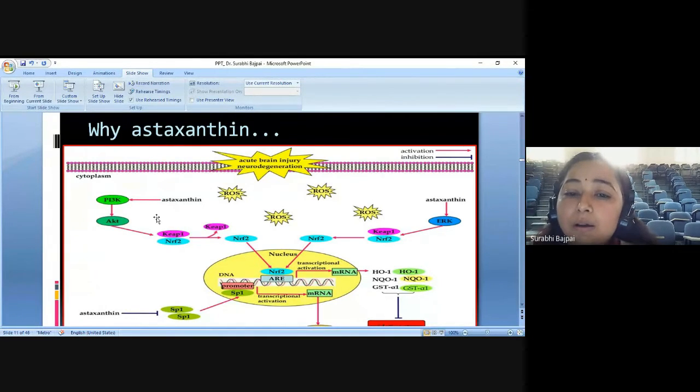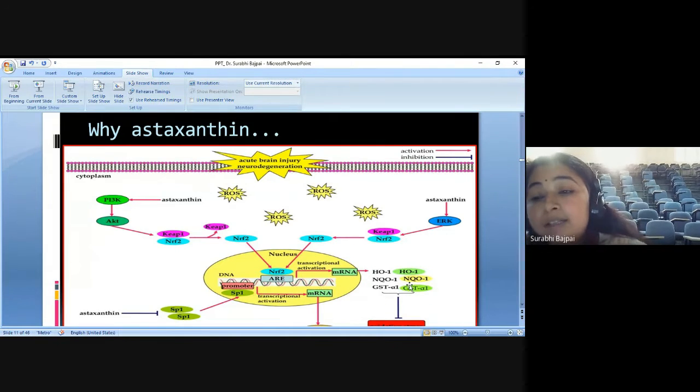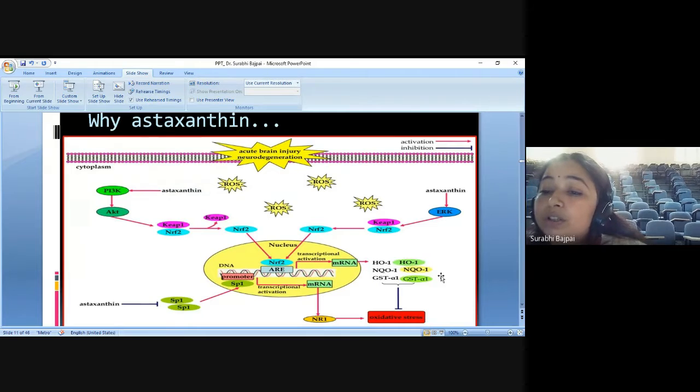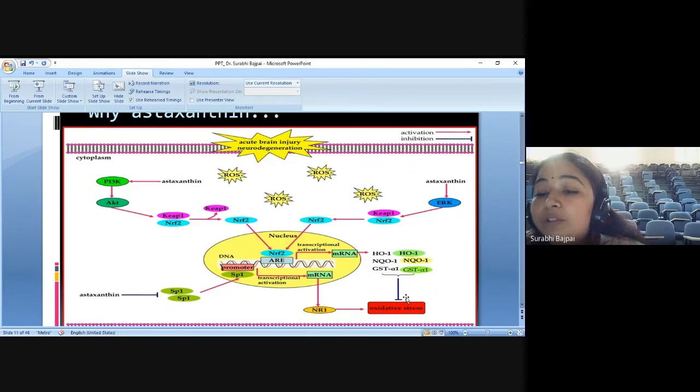And therefore, astaxanthin activates the PI3K pathway, and via AKT, it activates NRF2. And this NRF2 does the transcriptional activation of the ARE pathway, which leads to mRNA production, and the synthesis of certain very important proteins like GST alpha-1, etc. And this leads to an inhibition of oxidative stress in different kinds of cells.